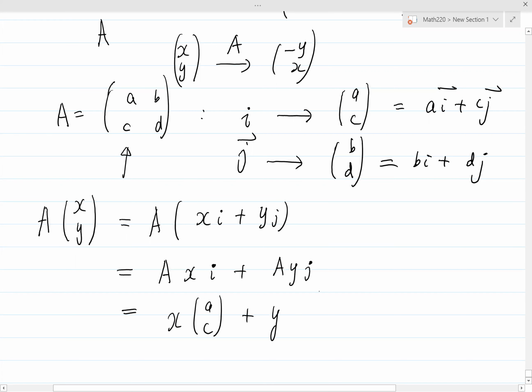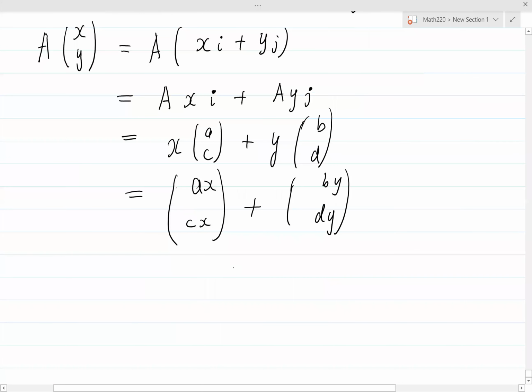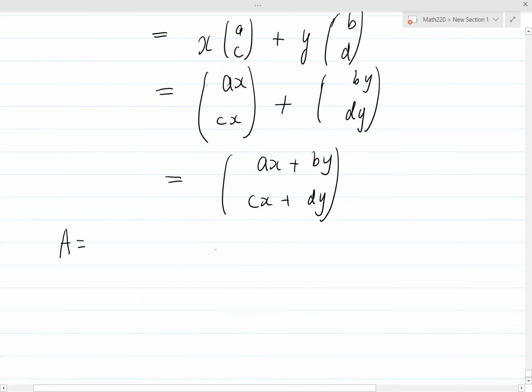The output of J corresponds to b and d. So we get ax, cx, scalar multiple, and then multiplying y inside, we get by, dy. Then add component-wise, we get ax plus by, cx plus dy. So given a matrix A as a, b, c, d, the output of A applied to x y is ax plus by, cx plus dy.